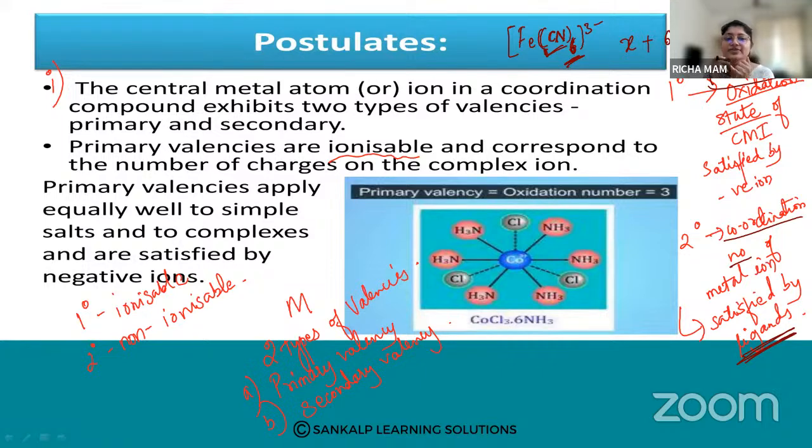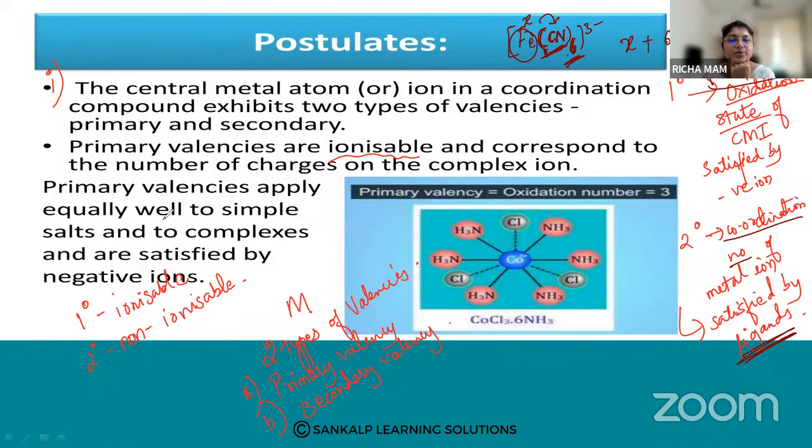So what have we studied? The central metal ion in a coordination compound exhibits two types of valencies: the primary valency and the secondary valency. Primary valencies are ionizable, secondary valencies are non-ionizable. The primary valency tells you the oxidation state of the central metal ion, and it is satisfied by negative ions.